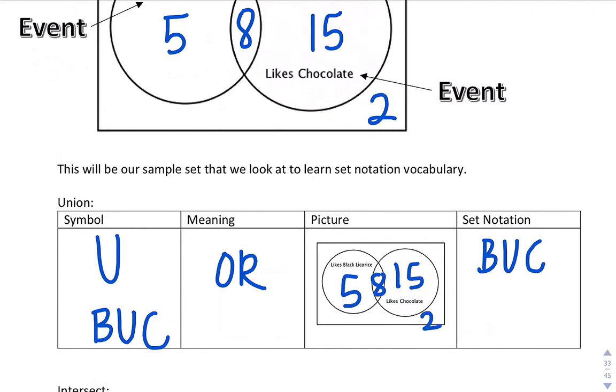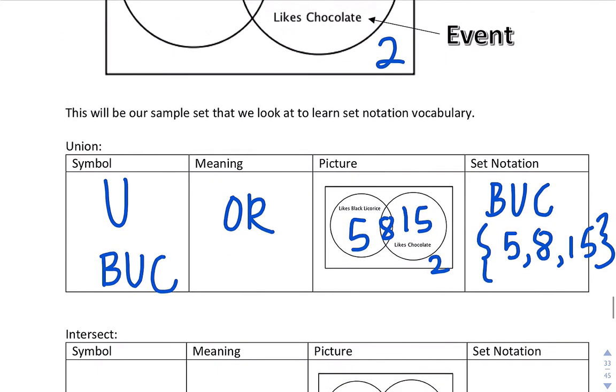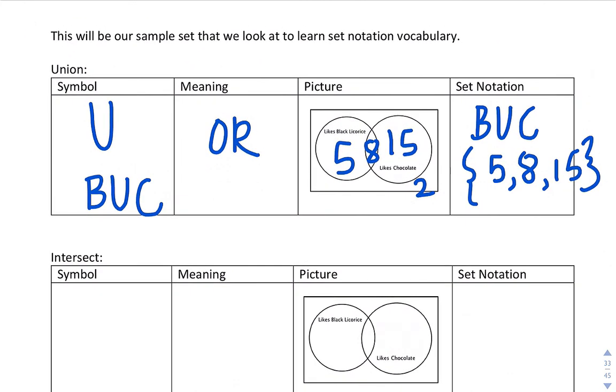How many like B or C? Or means one or the other or both. In set notation, we use the curly brackets, and we have the 5 that like black licorice, the 8 that like both, and the 15 that like just chocolate. So there's set notation. Or is the U, and it means one or the other or both, and that's called a union.